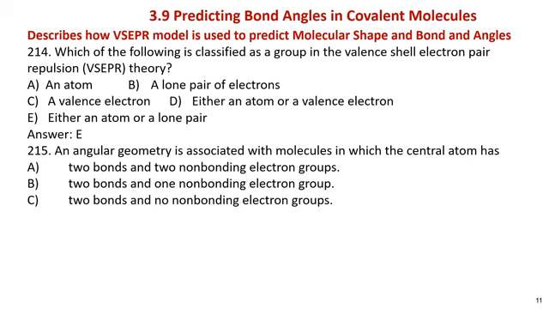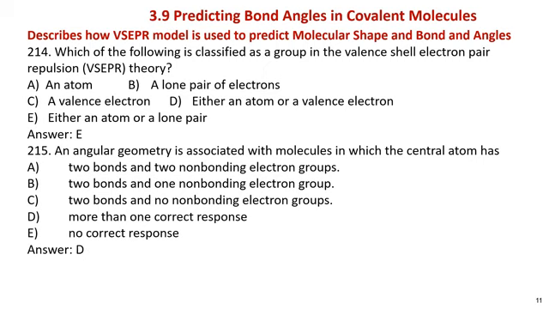Therefore, the answer is 2 bonds and 1 non-bonding. Because if you have a triangle and 1 becomes non-bonding, it becomes angular, right? Therefore, there are 2 correct answers. This is kind of tricky. I'm going through this because you have to see the complexity to understand it.